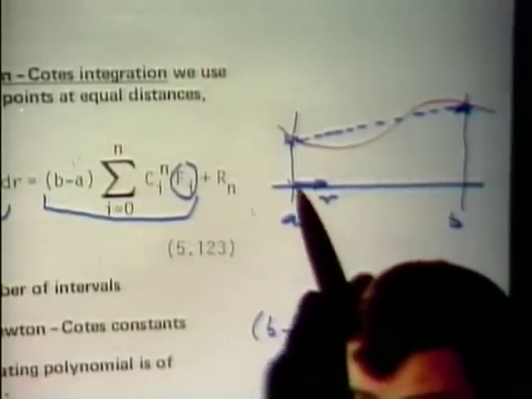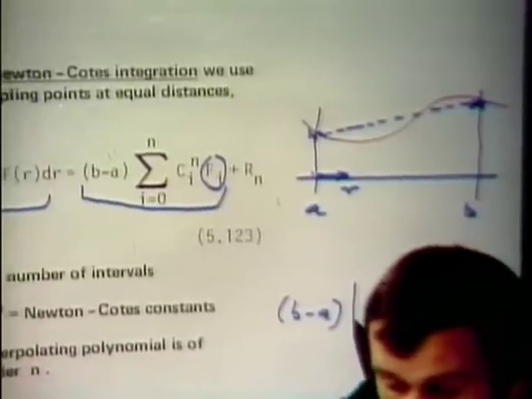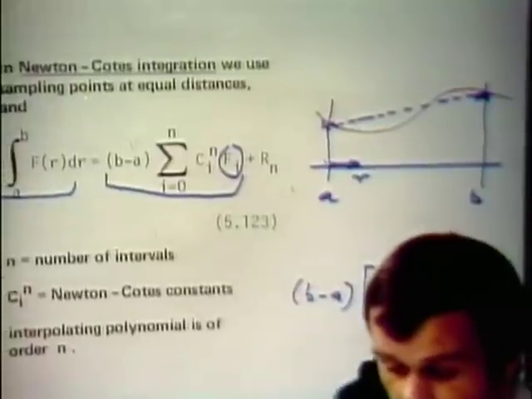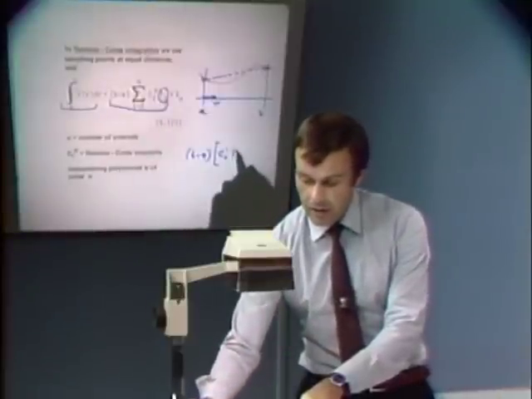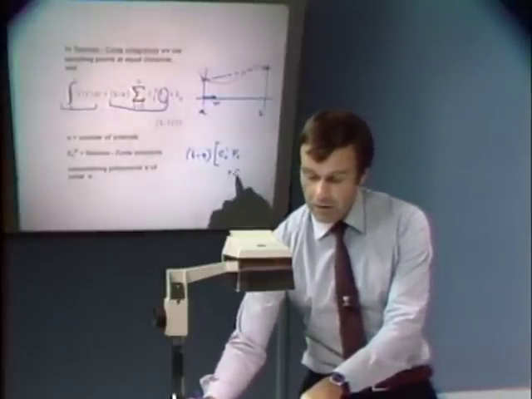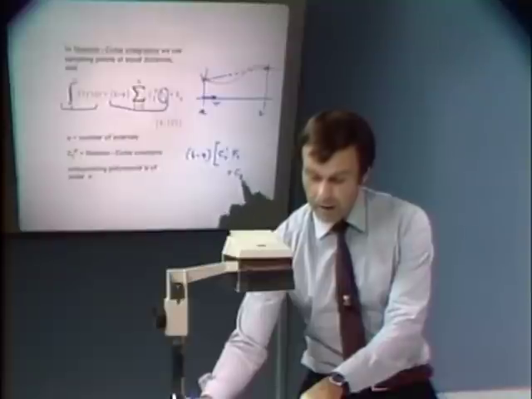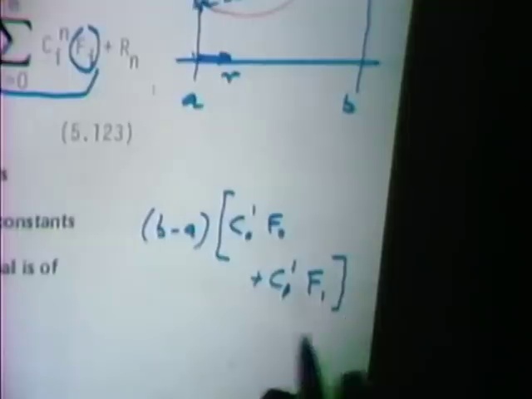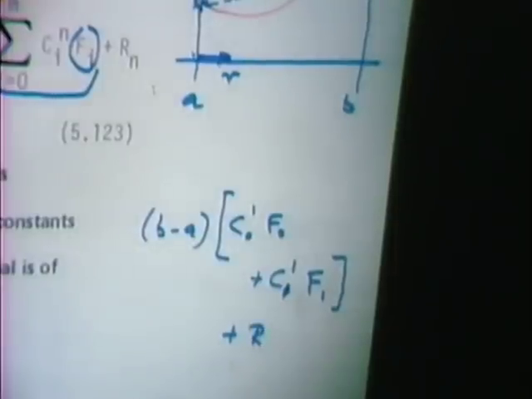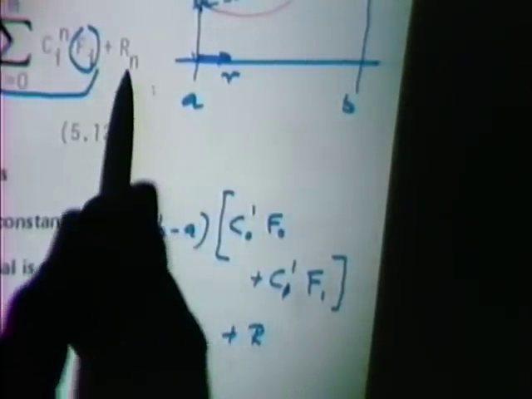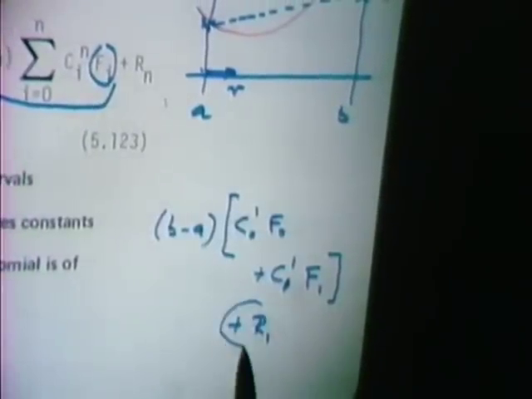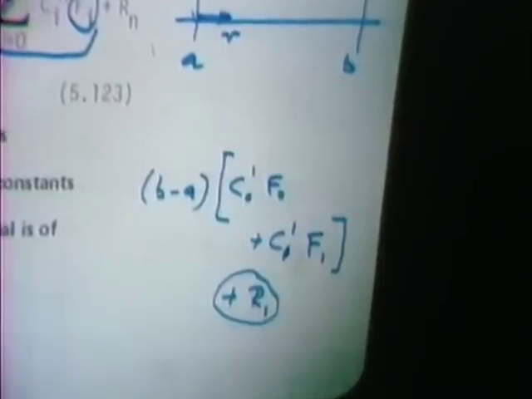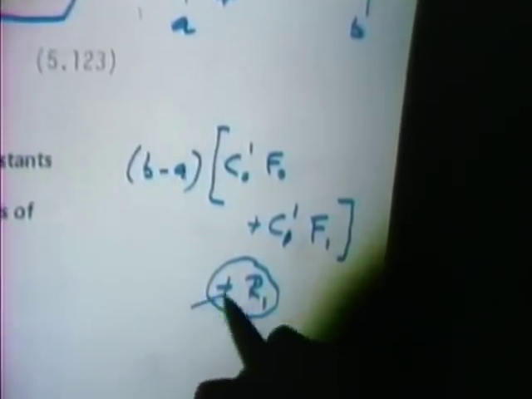B minus A, that is this length here, times two values. The C0, 1, n is equal to 1 in this particular case, times F0, plus C1, 1 times F1. And of course then, plus an error, R, in this particular case, n once again is equal to 1, R1. This error, of course, is assumed to be very small in the analysis, and we will actually neglect it.